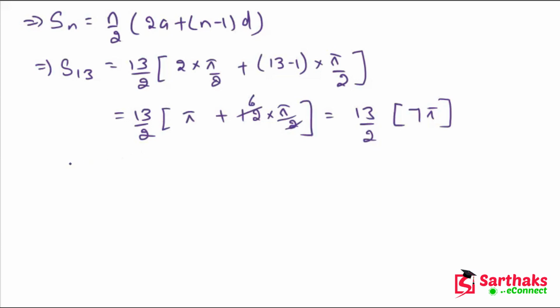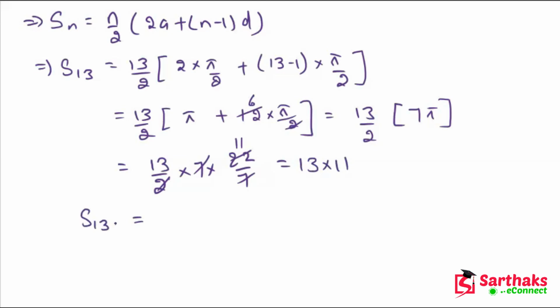So now we get 13 upon 2 into 7 into 22 upon 7. This 7 and this 7 will be cancelled. Now if we cancel 22 by 2, it will go to 11. So 13 into 11, we get S13 equal to 143 centimeters.